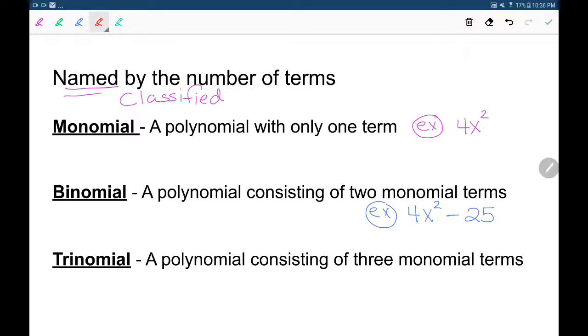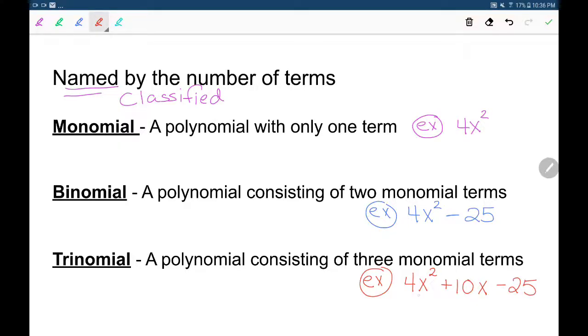And the third one, a trinomial, is a polynomial consisting of 3 monomial terms. So an example of that, I'm going to stick with some of the same, 4x squared plus 10x minus 25. So now we have 3 separate parts to that polynomial separated by adding and subtracting.